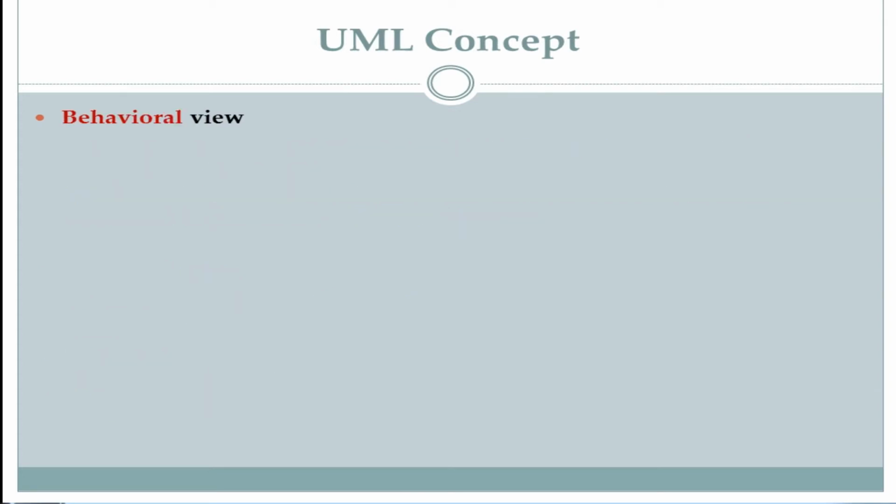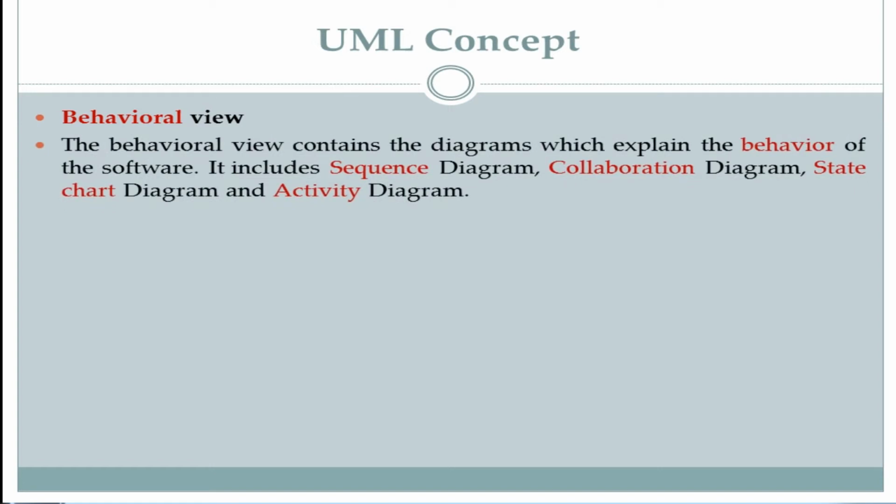Another view of UML diagrams is the behavioral view. Behavioral view contains the diagrams that explain the behavior of the software. This view contains diagrams like sequence diagram, collaboration diagram, state chart diagram and activity diagram.